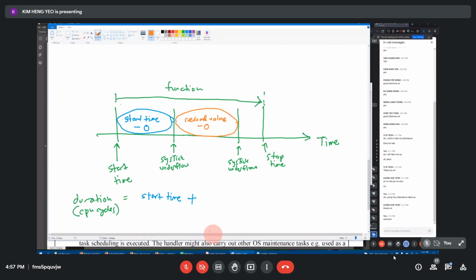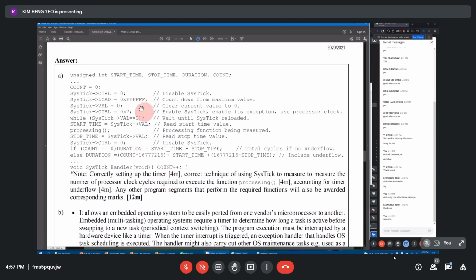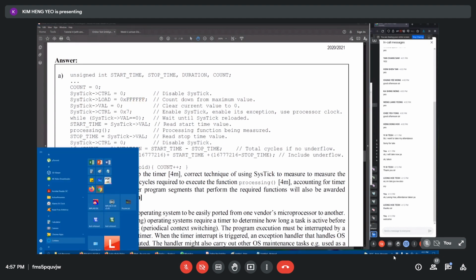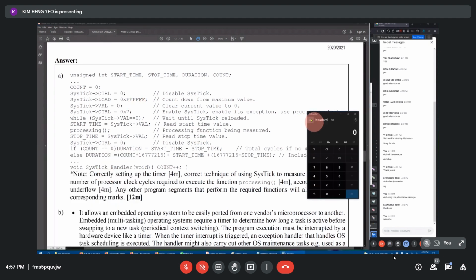So what is the reload value that we use? We use the maximum reload value, FFFFFF, which is 2 power 24.